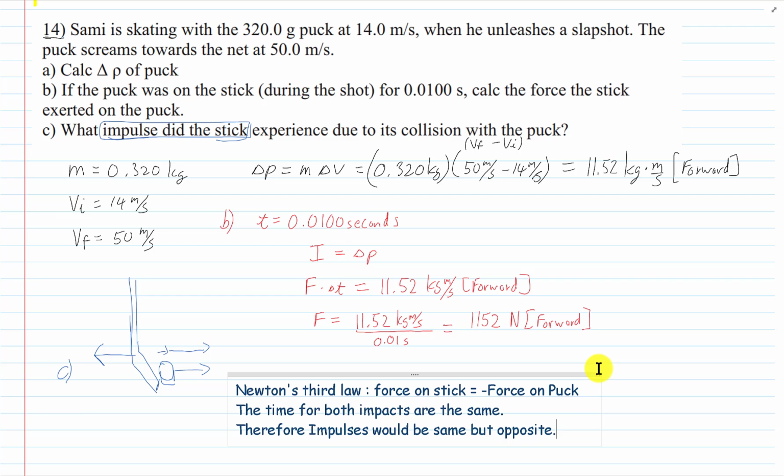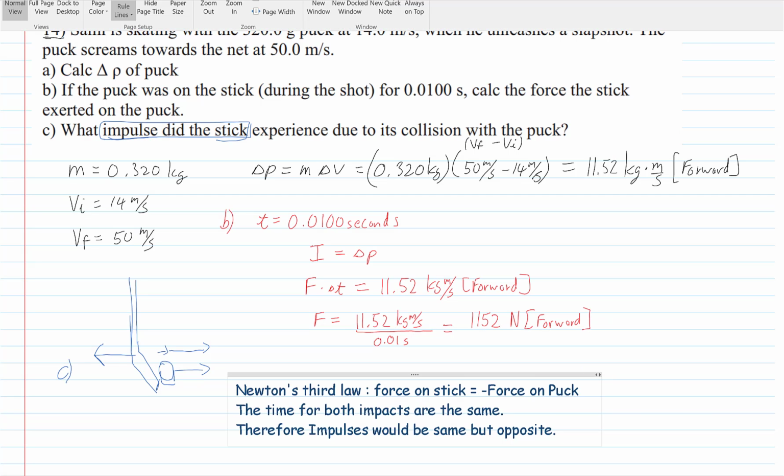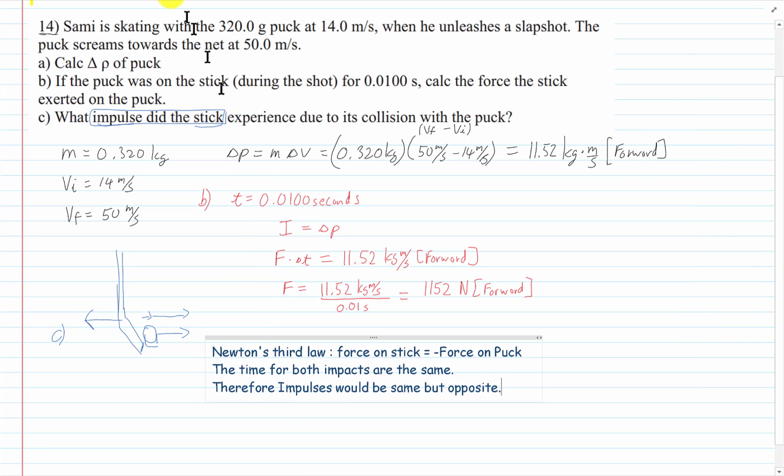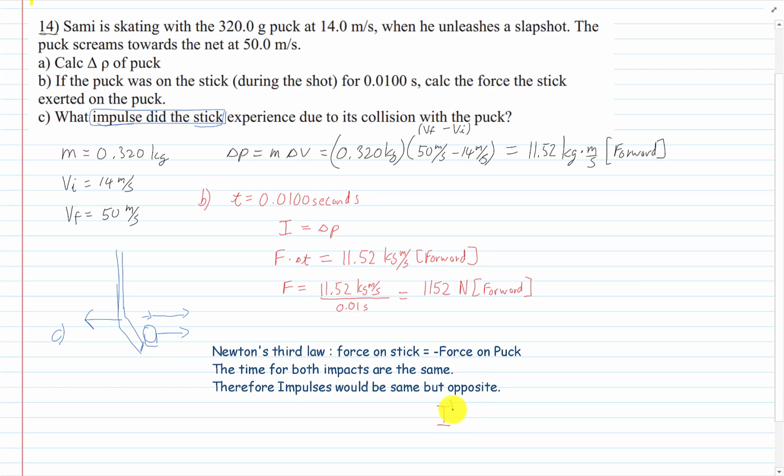So in other words, if we're trying to use last chapter's information, we would then go that the impulse on stick is going to equal negative the impulse on puck.